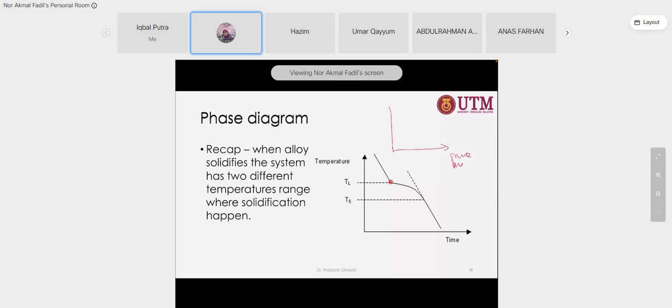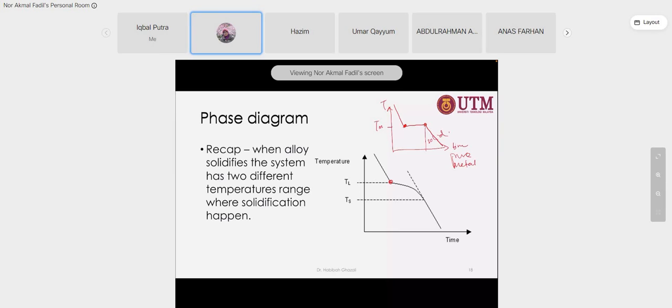For pure metal, when you solidify the liquid reaching the freezing point or melting temperature, there is a horizontal line on the curve until the temperature reduces when it completely forms a solid.